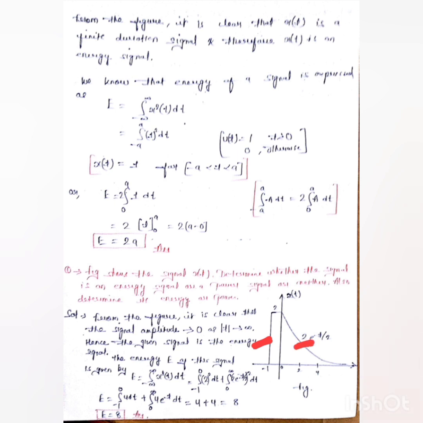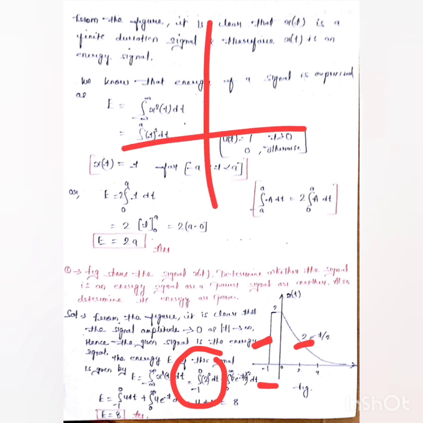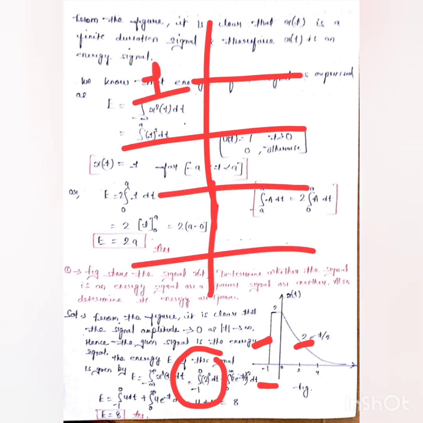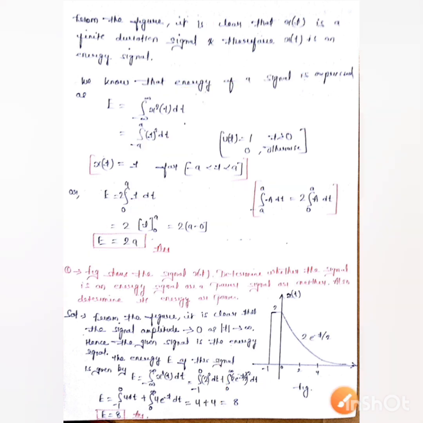From limit minus 1 to 0, we have the u(t) function having value 1. If the u(t) function is like this, its magnitude is 1. If its magnitude is 2, then we have to take 2 as its magnitude. It depends upon the range of amplitude given in the figure. Here we get 2, so in place of the constant amplitude we put 2, and in place of x(t) we put 2 square.